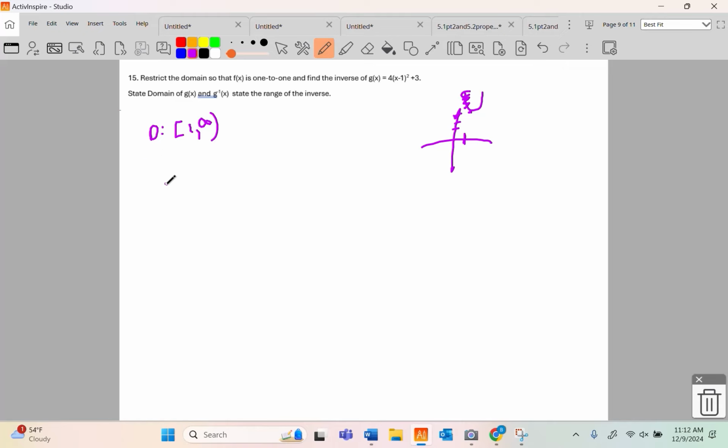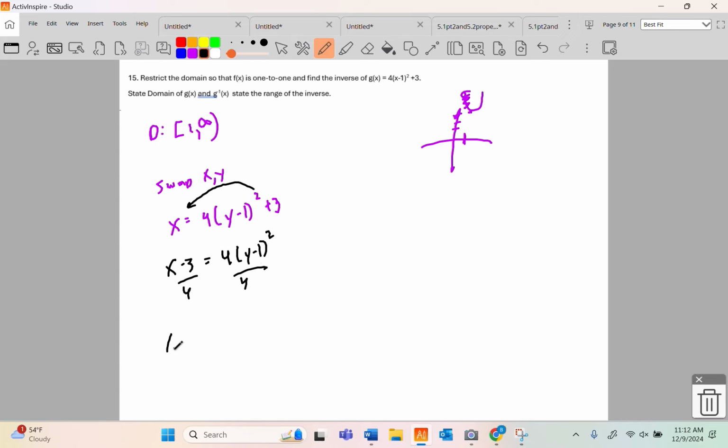Now you write your inverse. We swap x and y. So this becomes x equals 4 times y minus 1 quantity squared plus 3. And then we just do the easy stuff. We take away 3. Then we divide by 4.